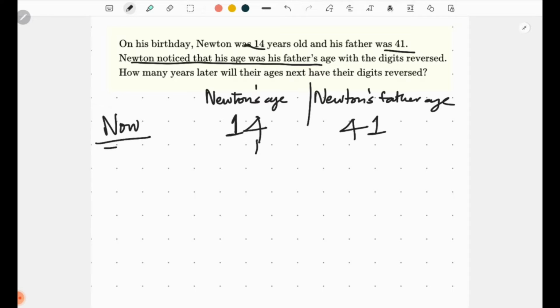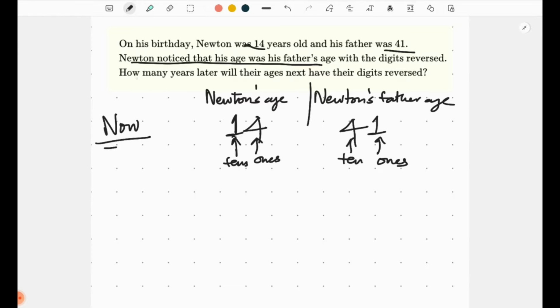So here 4 is the ones digit and 1 is the tens digit, right? This is tens, this is ones. But the reverse scenario is happening here. This is ones and this is tens. So 14, 1 and 4 is reversed for 41. So Newton's age is the reverse of his father's age. Reverse in the sense the digits are being reversed, right?